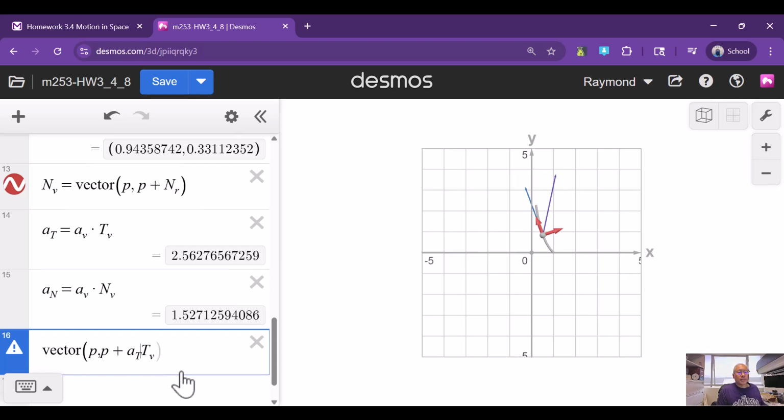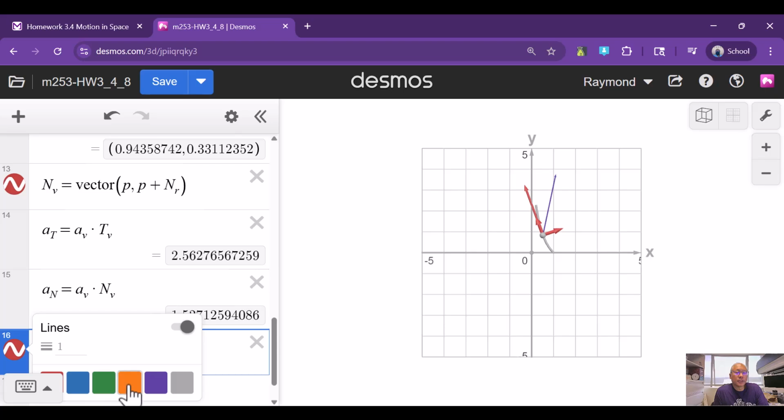And something's wrong. Oh, I'm sorry. It has to be t sub r. This is a vector, and putting a vector here, it's kind of weird how Desmos is working this out. This should be sub r. And what I'll do is I'll make this a different color.